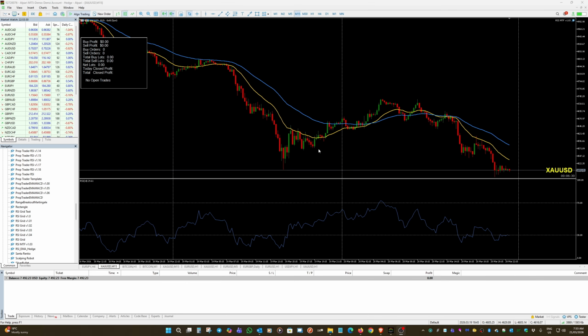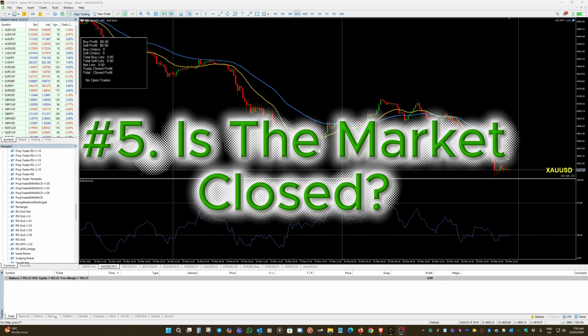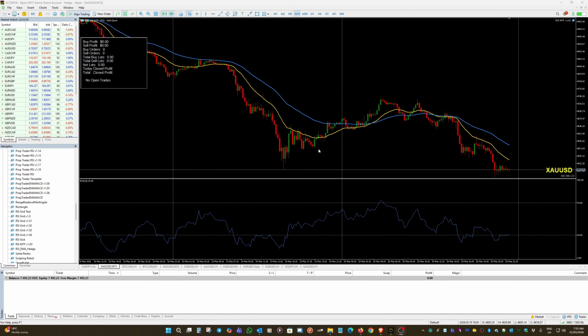Reason number 5 why you might not get a trade, it could be just that the market is closed. So just check the session times that you're actually trying to trade. There is a period, usually close to midnight on the broker's time, when you might not be able to place any trades at all, and also there may be wide spreads at that time as well.